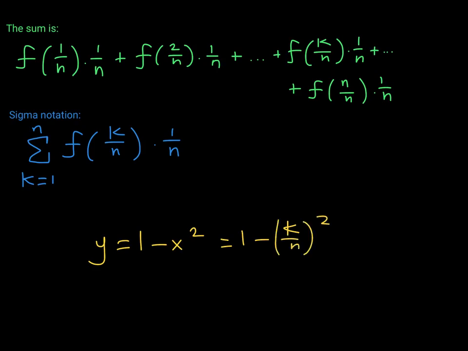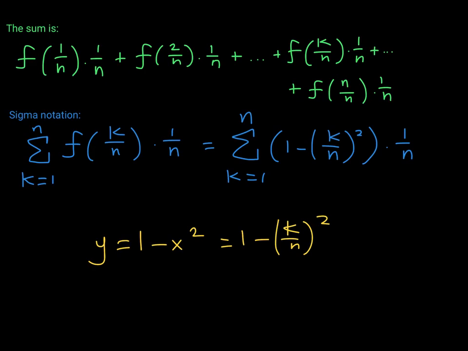Which gives us the ability to simplify sigma notation here. So then this would be the sum of 1 minus k over n squared times 1 over n, as k goes from 1 to n.